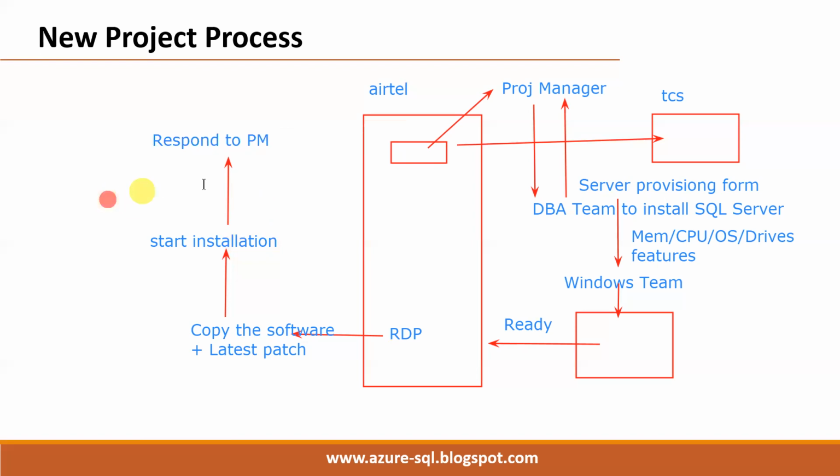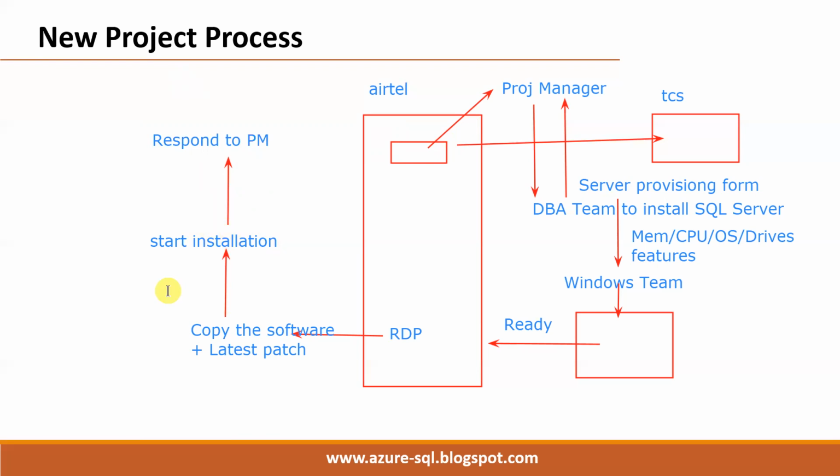Once we say our database server is ready, they will start the application deployment, the front-end part. That is a different story and is not required for us. We have to limit ourselves up to here. So this is how we are going to install SQL Server.